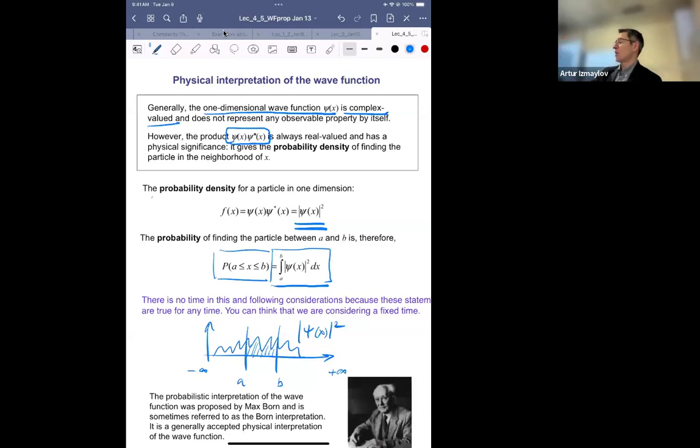And in the simulation I showed earlier, you saw the red and blue wiggles. Those were the real and imaginary parts, but the magenta thing was the absolute square, right? So the magenta was showing how the probability density was changing in time, because you could see the snapshots.